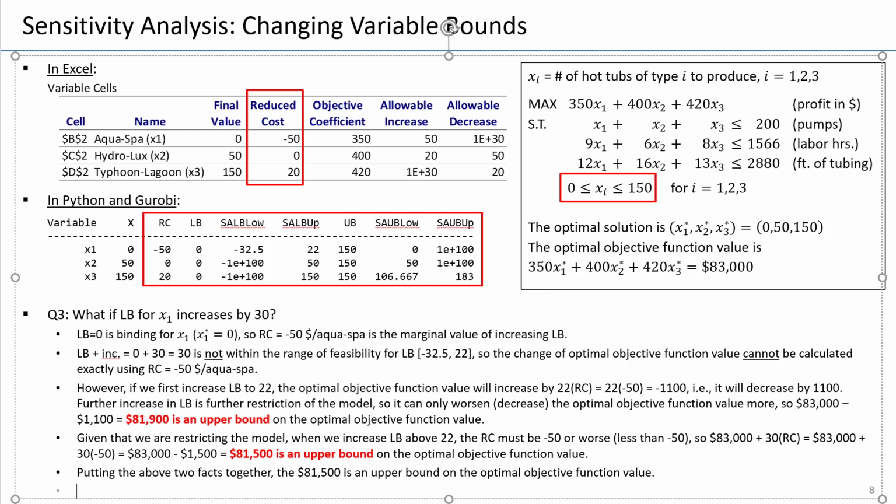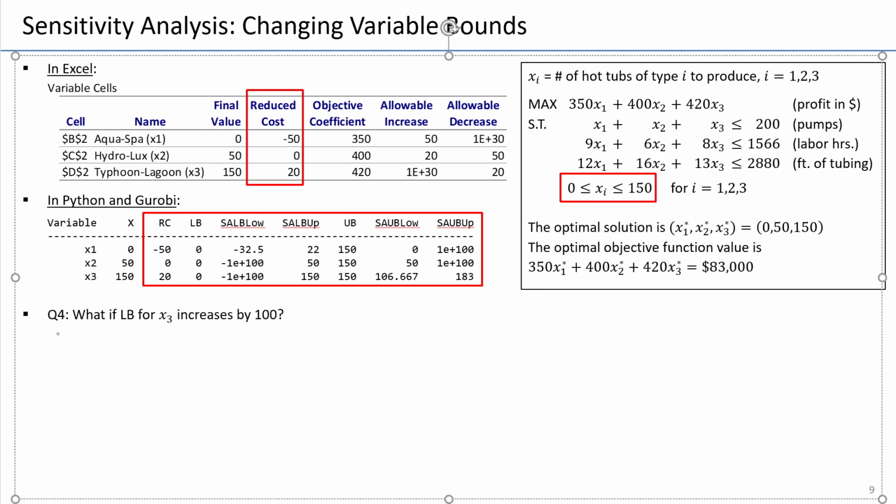Well, as before, given that we restricted a binding constraint, and given that the optimal objective function value changes, both of those facts force the solution to change. So the optimal solution must change too.